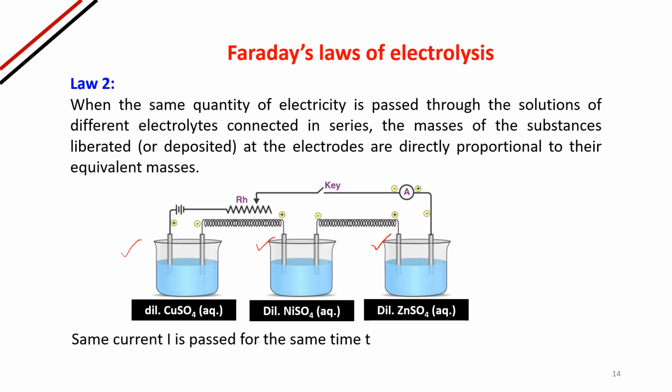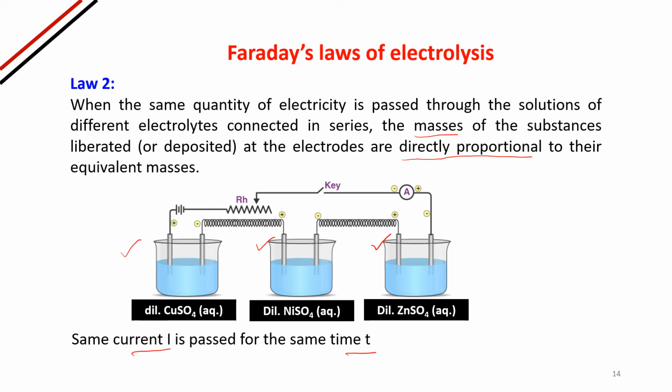They are connected with each other through a series connection. Then the masses of the substances liberated or deposited at the electrodes are directly proportional to their equivalent masses. The same current I is passed for the same time T.